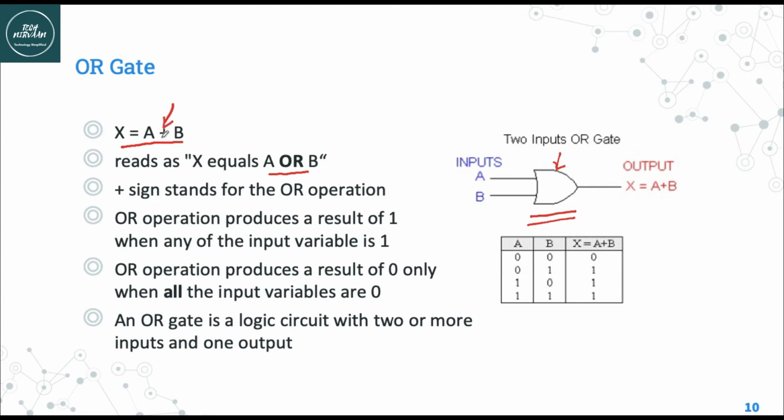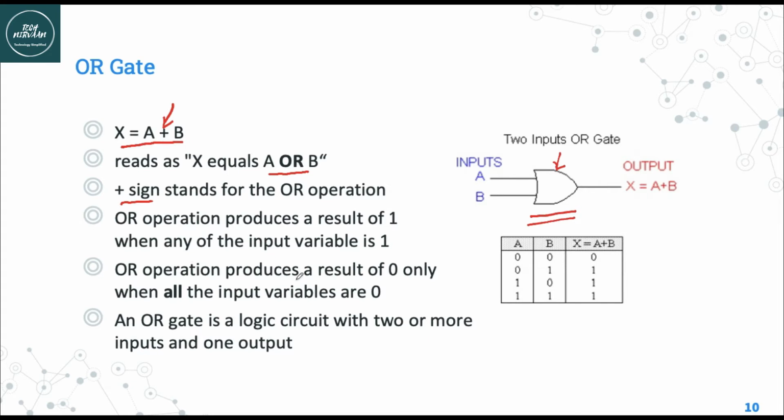So in mathematics, plus indicates addition. In case of digital circuits or in case of logic gates, the meaning of plus is OR operation, right? The plus sign stands for the OR operation. So the OR gate performs OR operation, and the logic for the OR gate is like this.